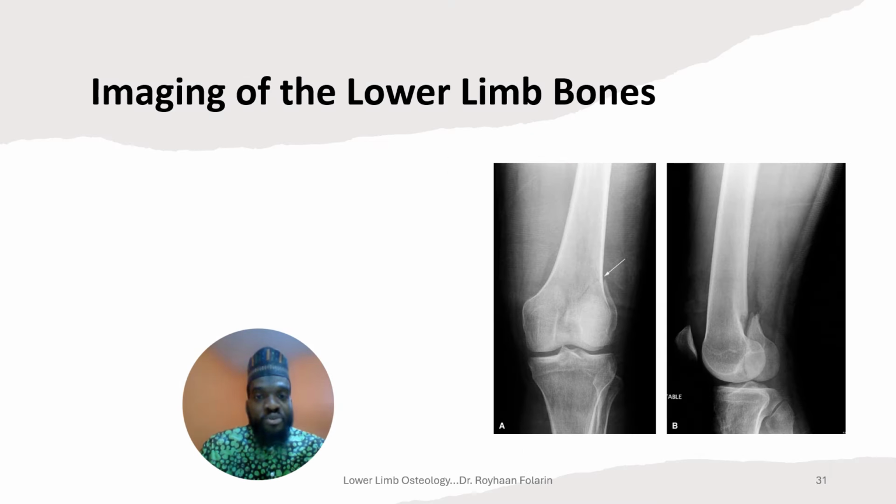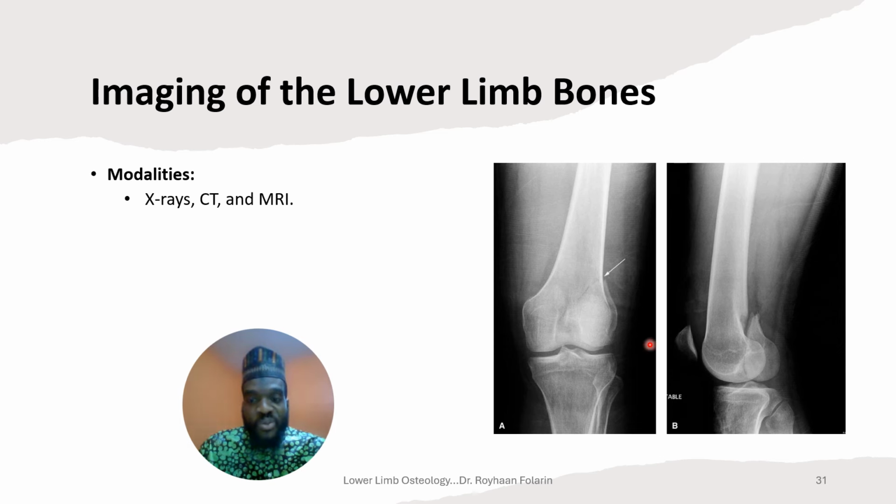So imaging plays a crucial role in diagnosing fractures, dislocations, and degenerative changes. So X-rays are the most commonly used modality, which is what has produced the image that we have here. Okay, so it offers views like the anterior-posterior, like we are seeing here, and then lateral projections.